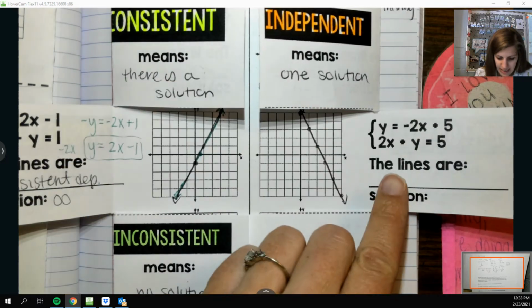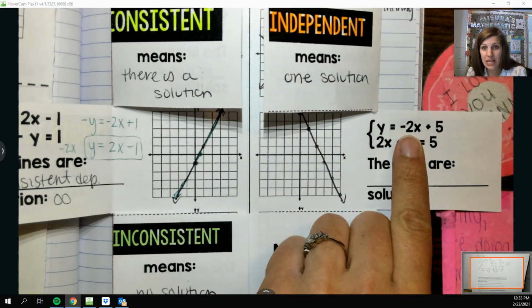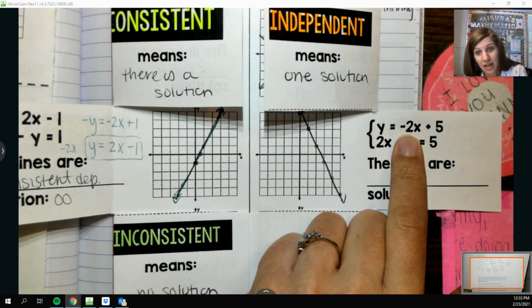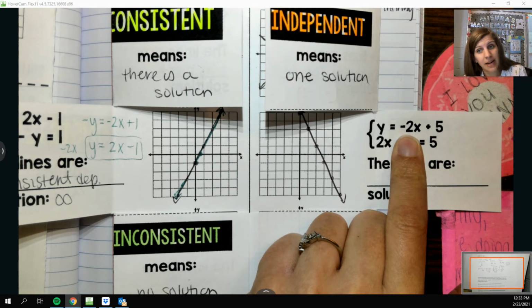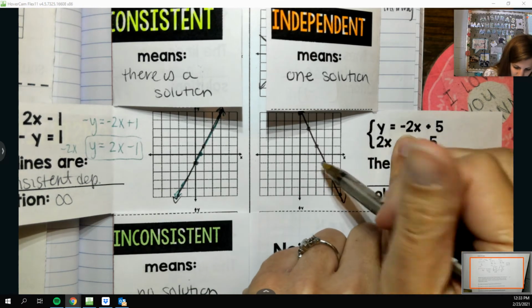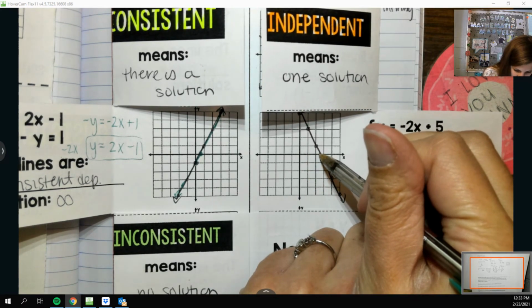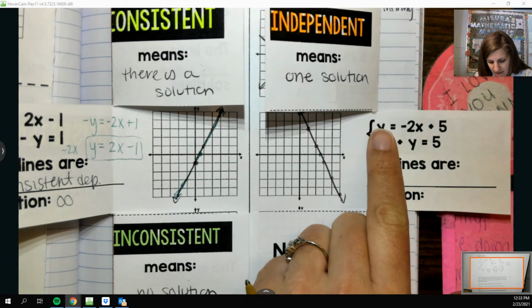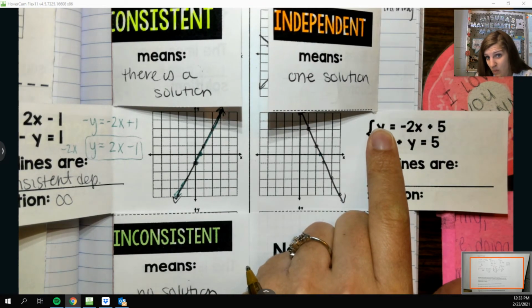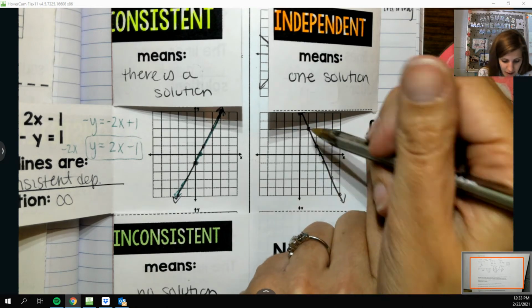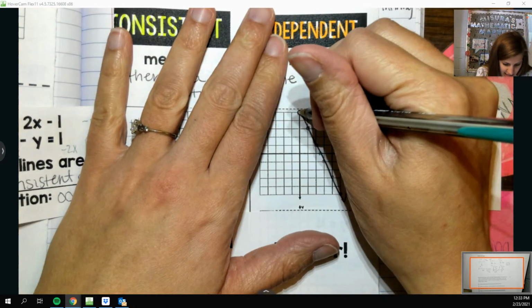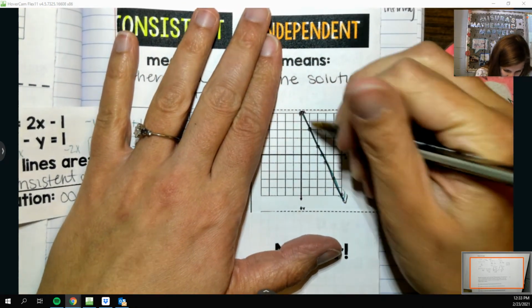Now the other line is in that standard form again, so I could solve for x by ignoring y and then dividing by 2. So 5 over 2 is 2.5. So I go to the x at 2.5. And then if I solve for y, I ignore x, and y is already solved for, and it's 5. So again, I think these lines are right on top of each other.